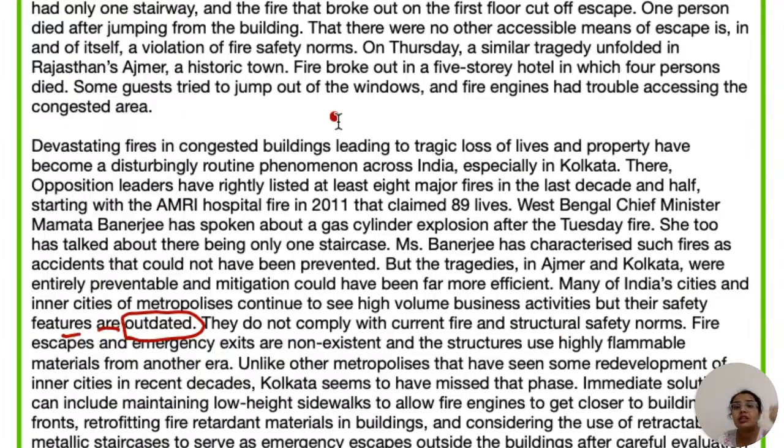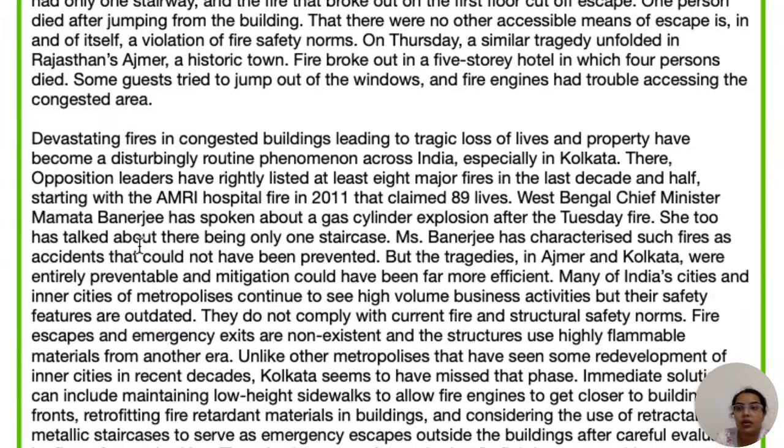So how are the features? Features are not good, outdated, bad. So outdated is not a verb here because it is not passive voice, where we use V3 after the verb to be. It is an adjective.